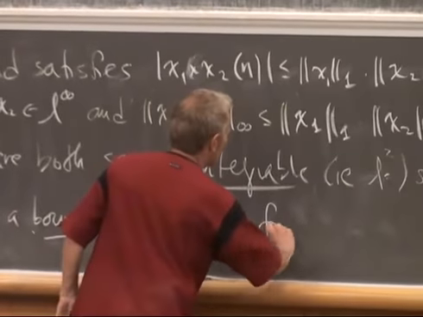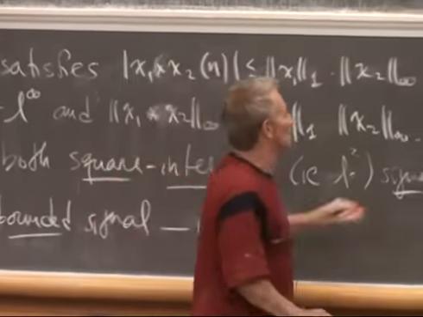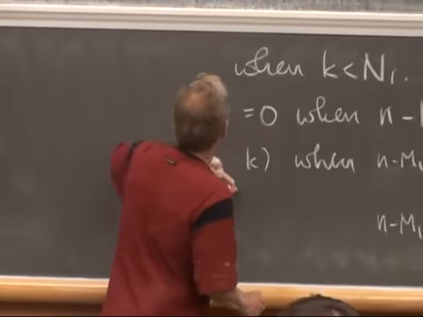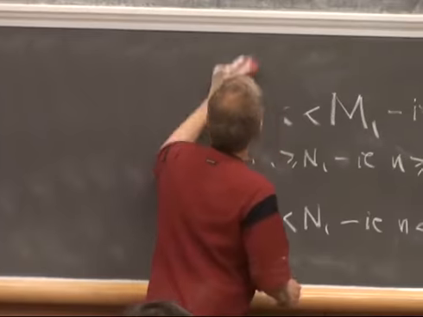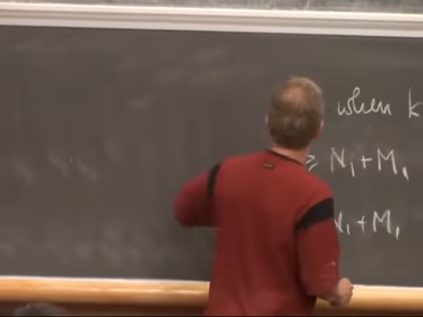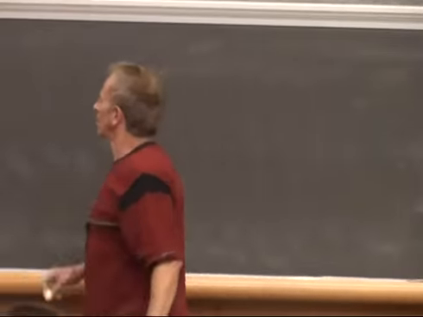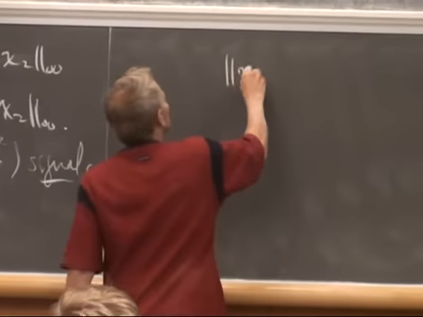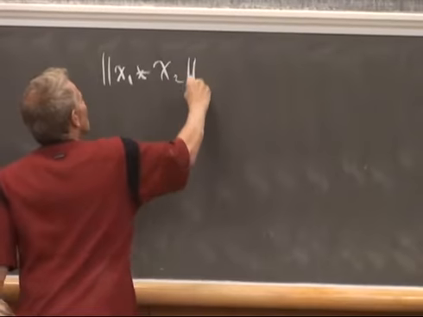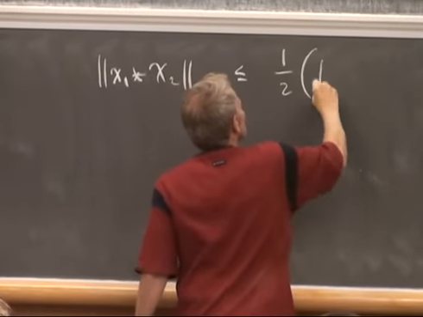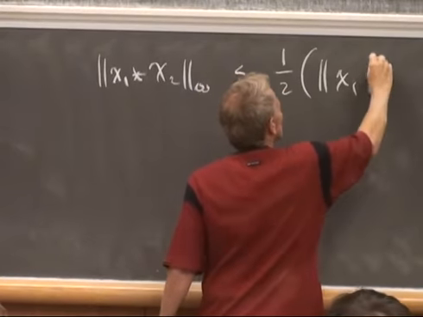So in fact, its infinity norm, its sup over all n, is less than or equal to 1/2 times the sum of the squares of the two norms of x1 and x2.